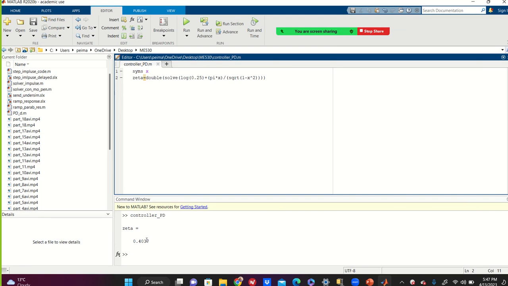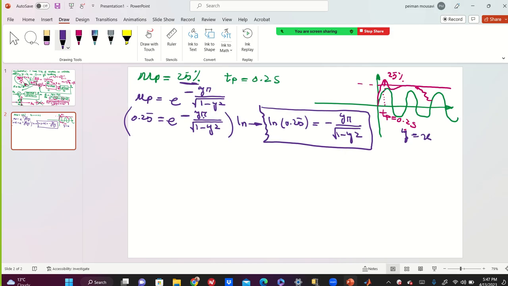So it means your system is underdamped because zeta is smaller than 1. Understand? Remember, everybody? It's a good proof. So we find zeta is 0.4037. We found it from MATLAB. Here we go.